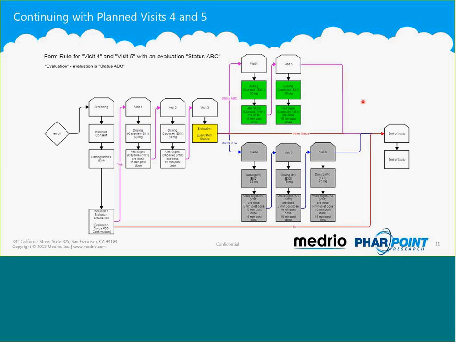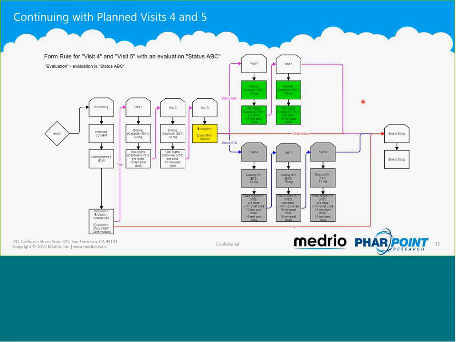So now at our evaluation visit, it's time we make our evaluation, and that would be a status of ABC, XYZ, or potentially another status, in which case they would not continue on in the study and proceed straight to end of study, which they've already received.